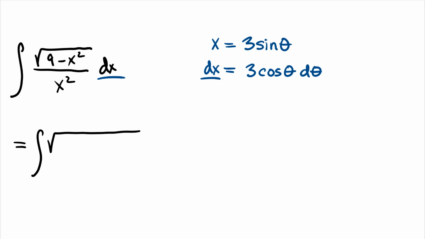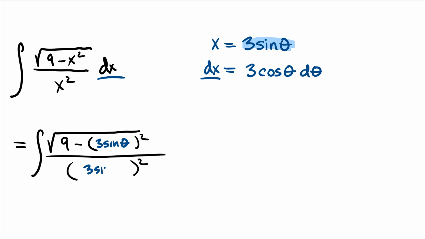We have the square root of 9 minus something squared all over something squared. Let's replace with our x. Our x is 3 sine of theta. Now we need to replace our dx, which is going to be 3 cosine of theta d theta.